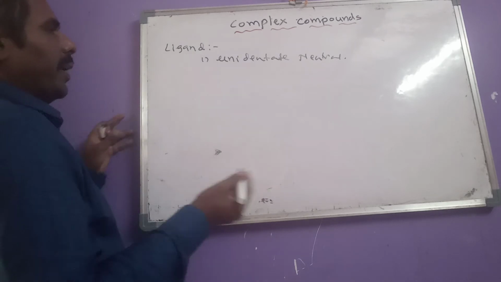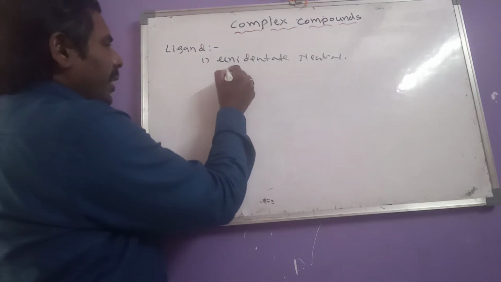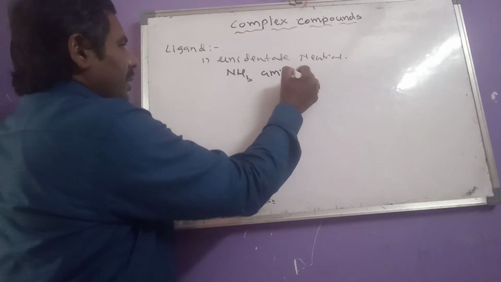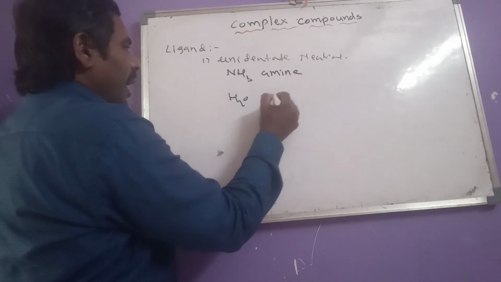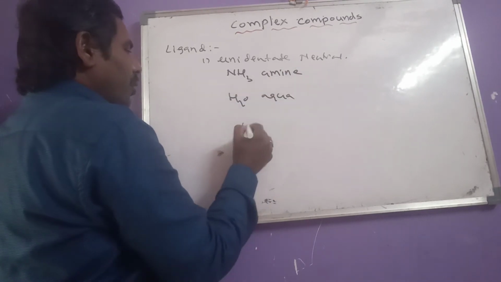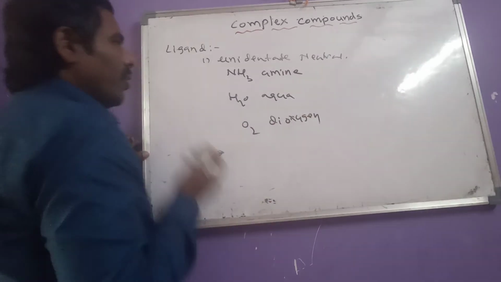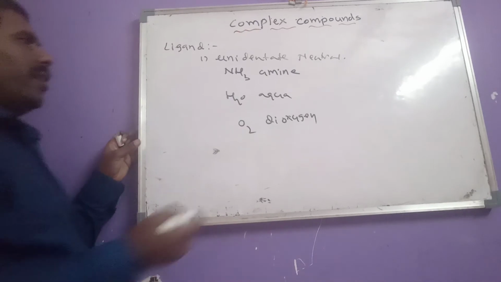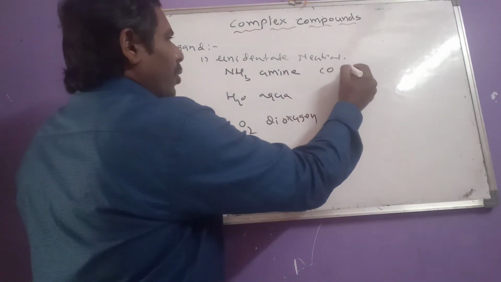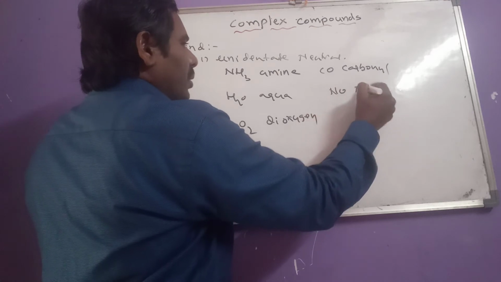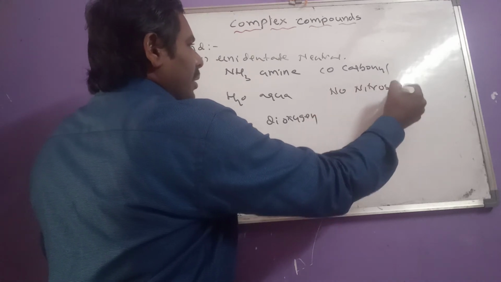There are so many examples. First, NH3, ammine, and H2O, aqua, and O2, dioxygen. CO means carbonyl. NO, nitrosyl.